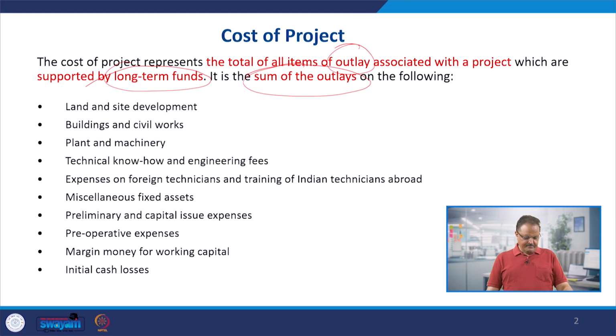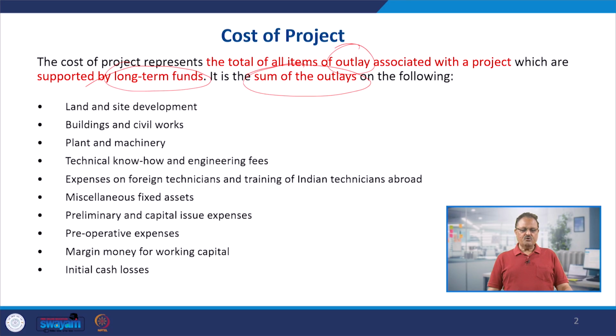Preliminary expenses are incurred on multiple accounts. The first preliminary expense you are going to incur is on, say, preparing the project feasibility report. Even sometimes we spend some money on generation of the project idea. So even before giving shape to the project, or selecting one idea out of many, we have to incur some expenses on idea generation and then selecting one idea out of many.